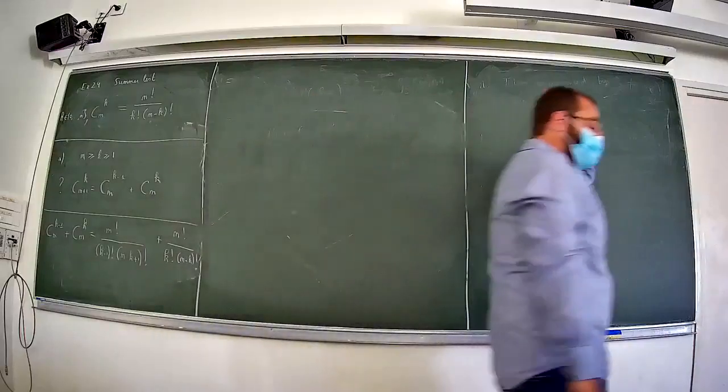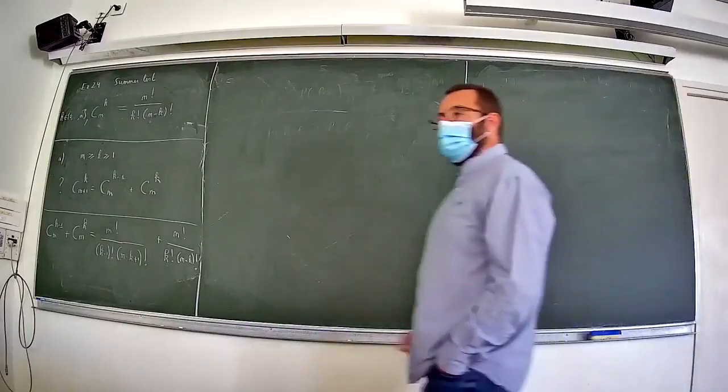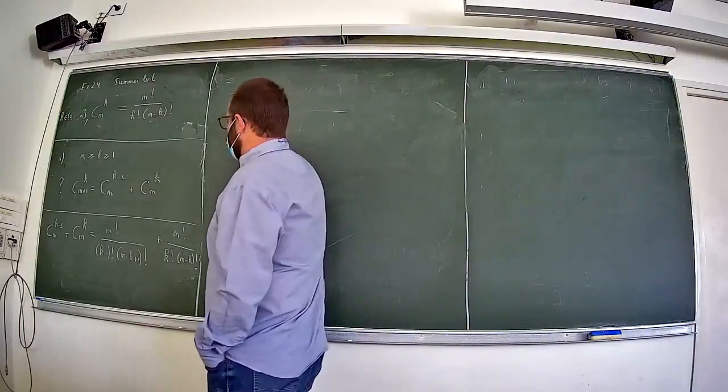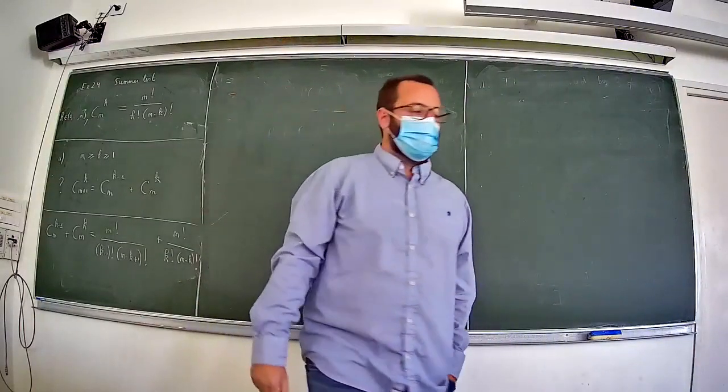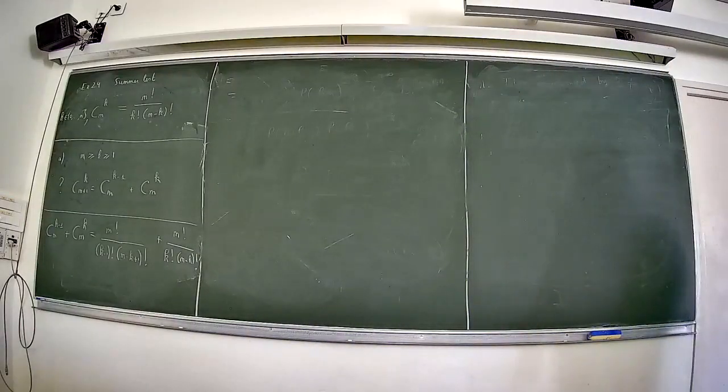So here I just use the definition twice, replacing k by k minus 1 in the first expression in order to have the first term. So I want to handle this term. In general, when I have a sum with 2 ratios, I try to factorize, in fact.